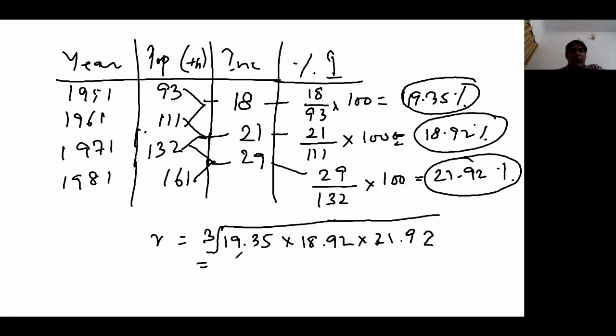Now, when you solve this, you will get a value of around 20.03% per decade. What does this signify? It signifies that the population is increasing at a rate of 20.03% every decade.